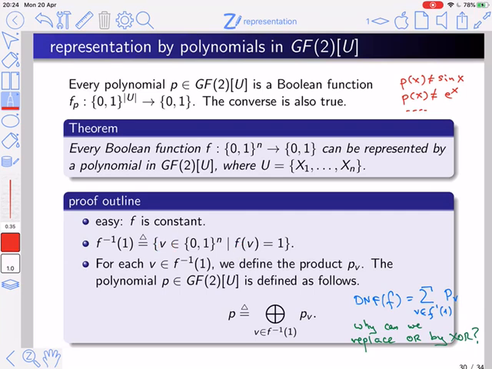Now, for each v in the pre-image of 1, we define the product, p sub v. Okay? We already noticed that we can define these products. Now, I want to emphasize that this product is not necessarily a monomial. Not a monomial.